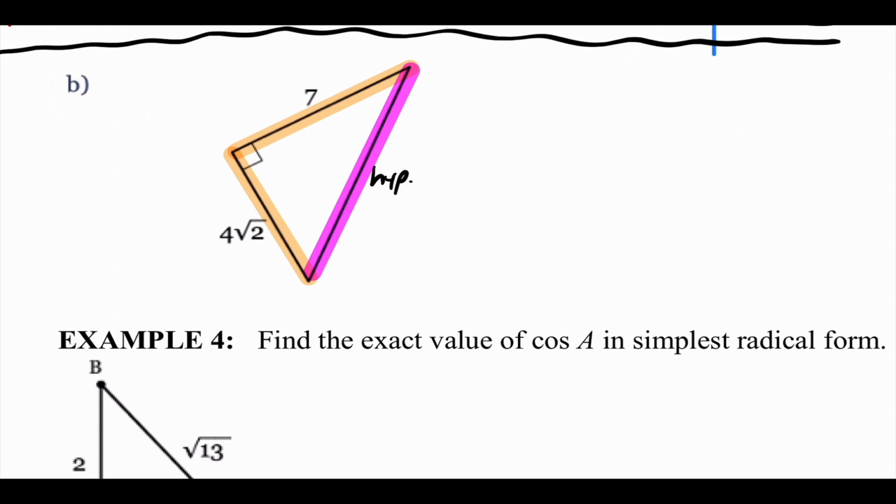Let me use my equation to find that missing side. I'm going to say 7 to the second power plus 4 times root 2 to the second power equals hypotenuse. I'll just write HYP.